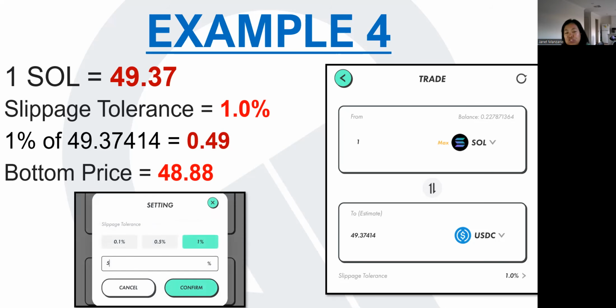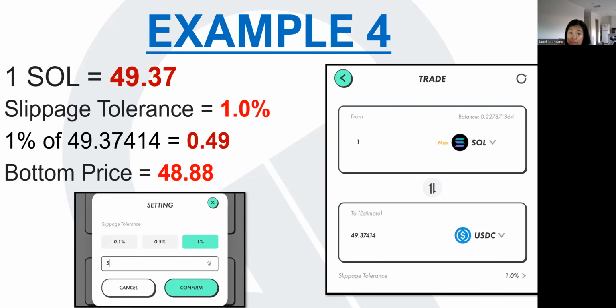So you can also change the slippage tolerance. Just click that arrow on the right of 1.0%. So you can put 0.5 if you like, 0.1 if you like, or you can even increase it if you really want, if you're desperate enough to accept whatever price. But then again, make sure that you calculate first before you click that confirm button.